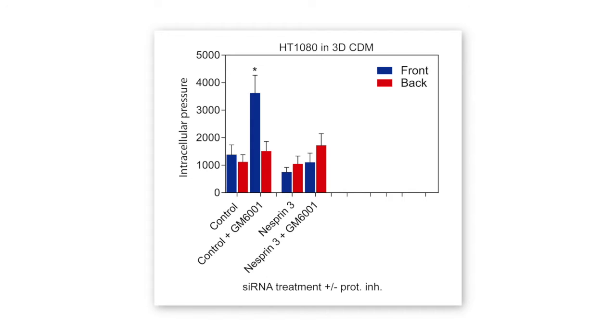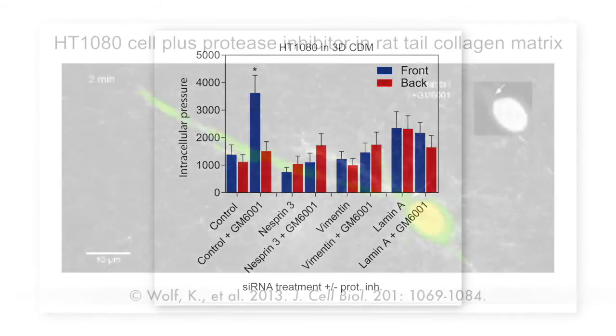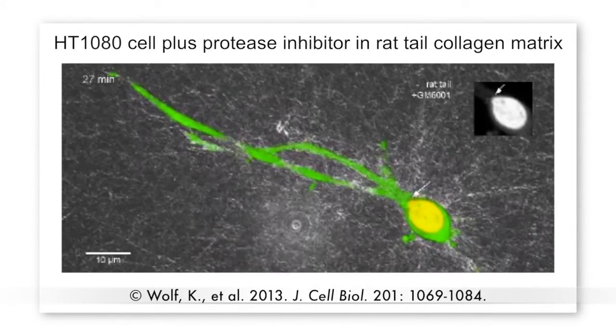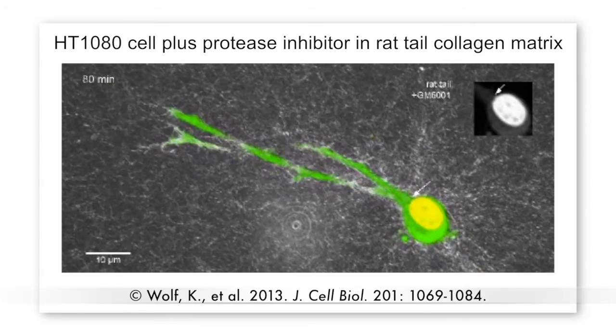And we further extended our understanding of the molecular requirements for the nuclear piston mechanism by specifically knocking down not only vimentin intermediate filaments, but also lamin, a major component of the nucleus skeleton. And what we found was that both of these proteins were required for the cells to generate compartmentalized pressure in response to protease inhibition.